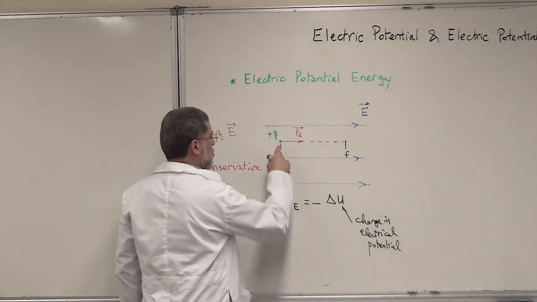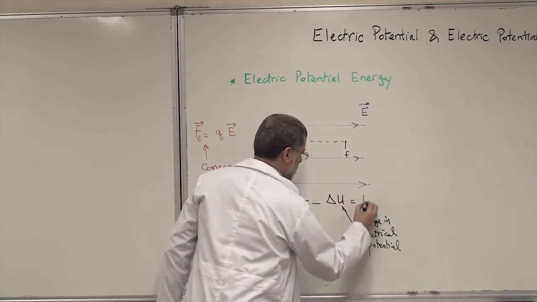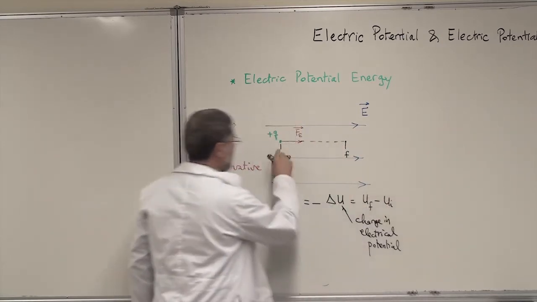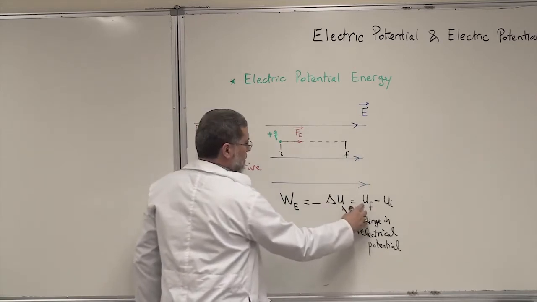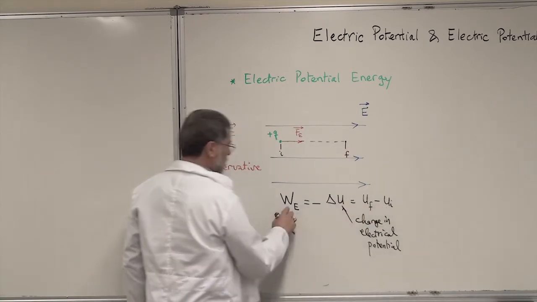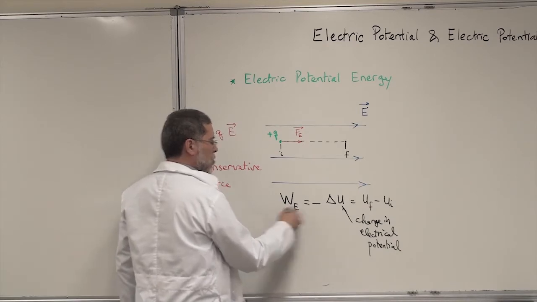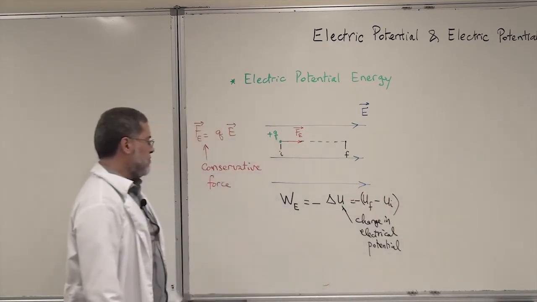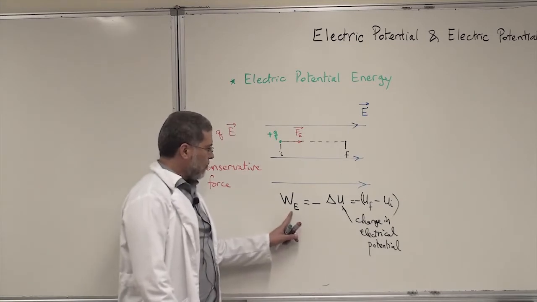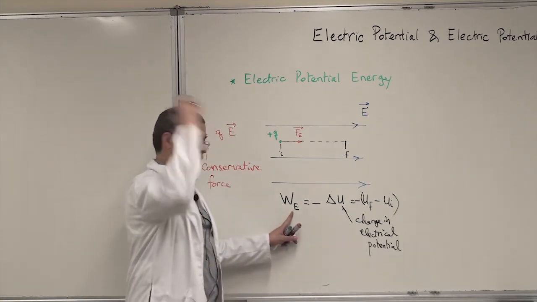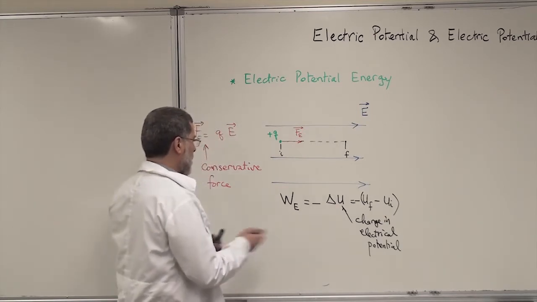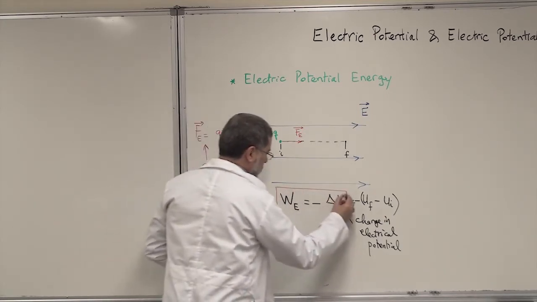So there will be a potential energy at this point, and there will be a potential energy at this point, and U final minus U initial is given by the work, and of course there is a minus sign in the front, because the work due to the electric field or the gravitational field in mechanics was minus delta U. You should remember this very important concept here.